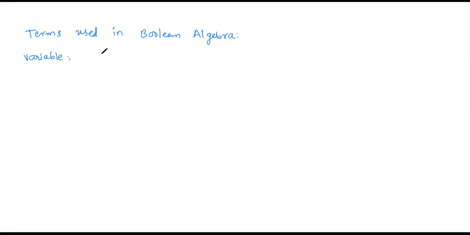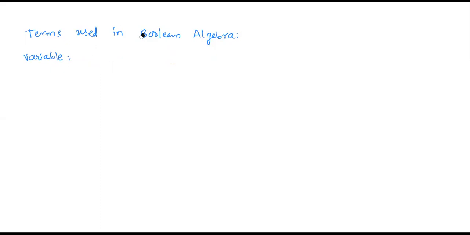Variable is a symbol. It is used to represent a logic quantity. Logic quantity we'll see later.